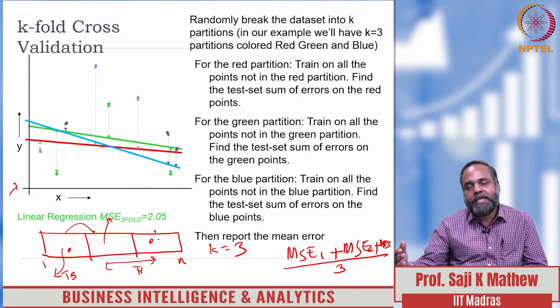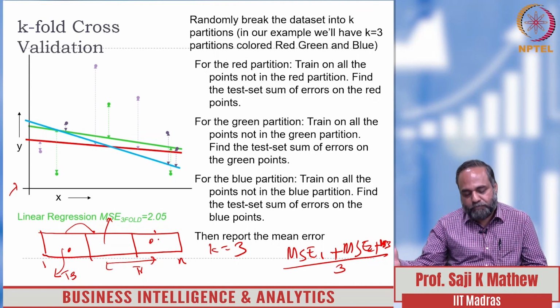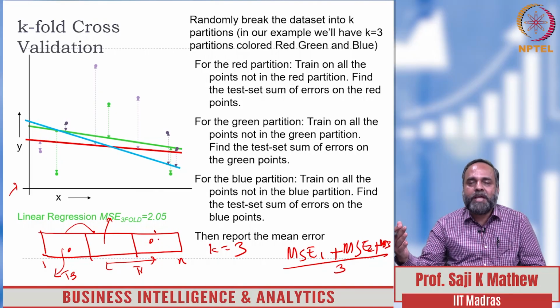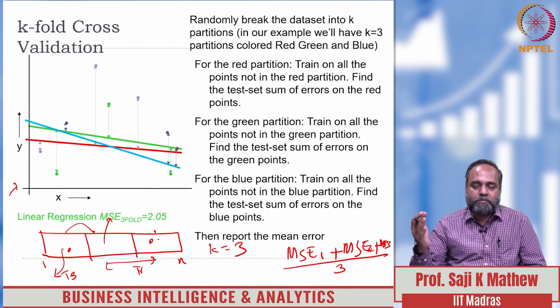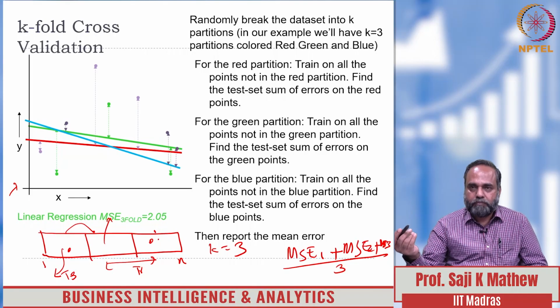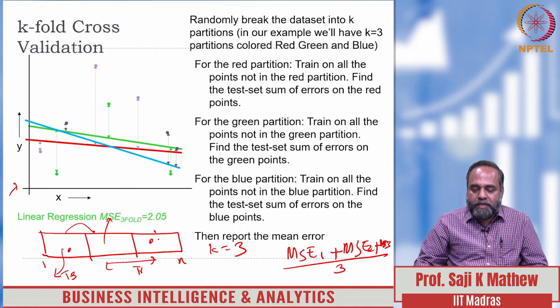As k increases, the computational cost increases, but the reported prediction accuracy is higher. As k becomes lower, the computational cost is lower, but the prediction accuracy can also be lower. That is the trade-off here.